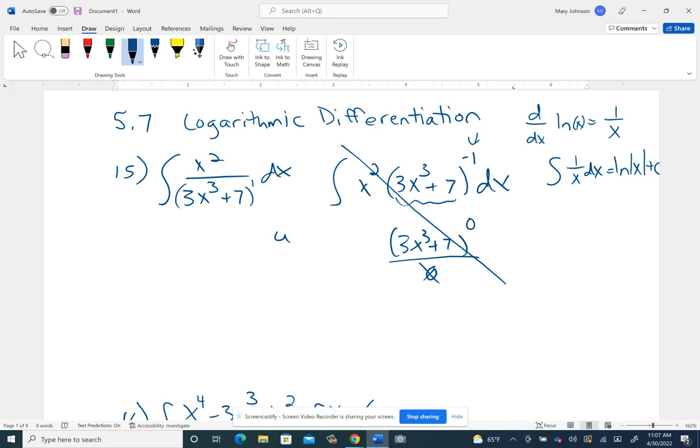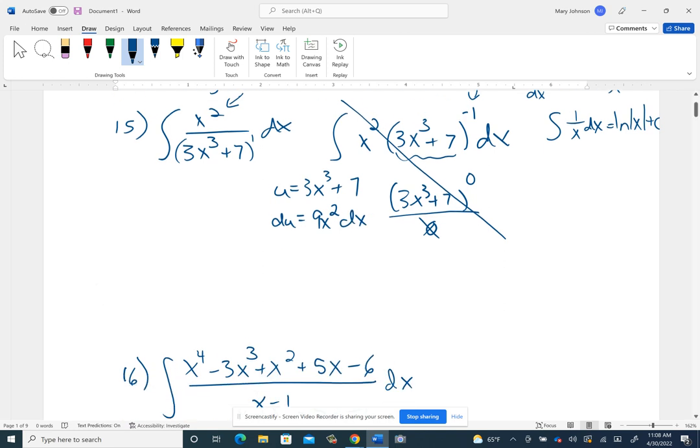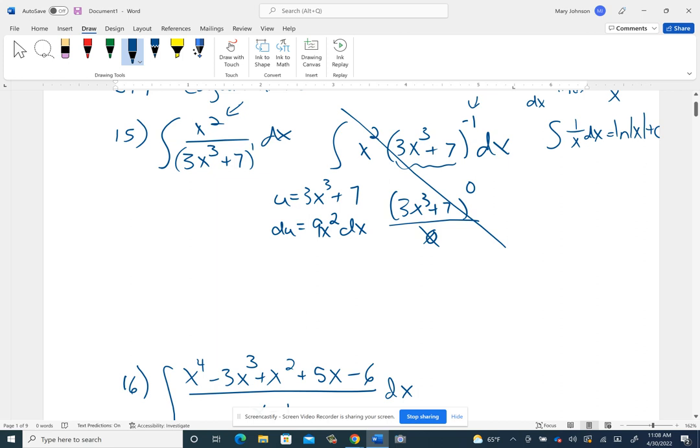So I'm going to choose u to be 3x to the third plus 7. So you'll see why this is nice having that x squared up there, because du would be 9x squared dx. The derivative of 7, remember, is going to be 0. All right, so up here on top, I see the x squared dx right here.